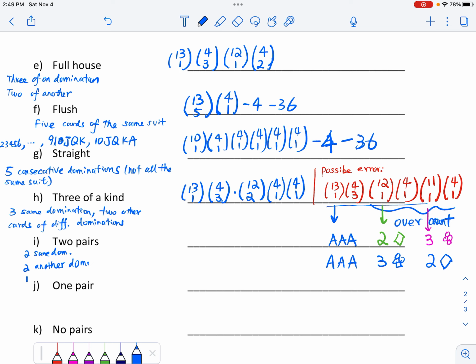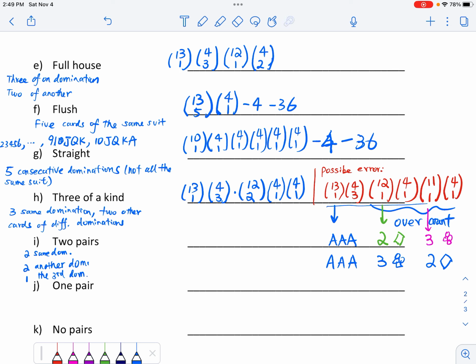And then for the very last one, the third domination. So therefore, there should be 3 different dominations. Now, how do we correctly count that?